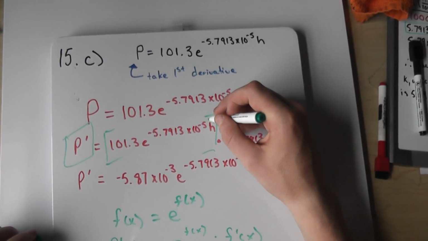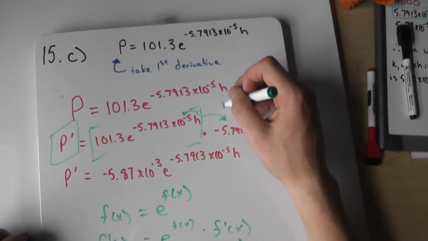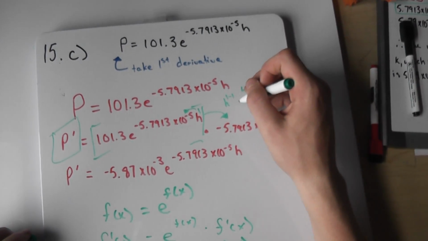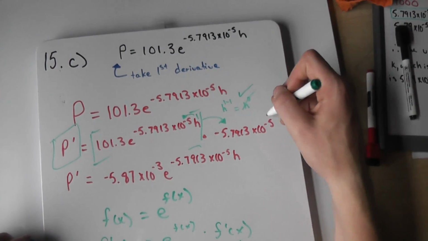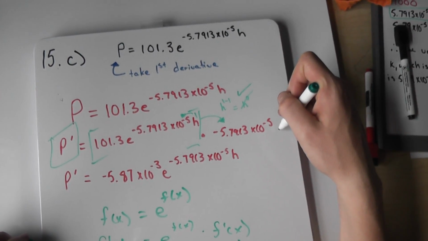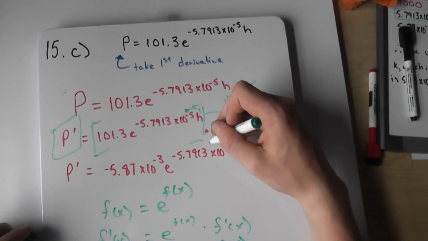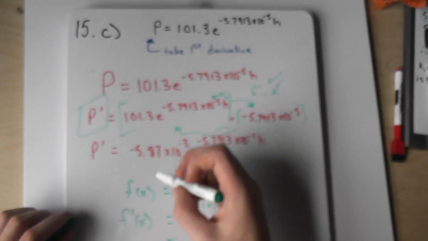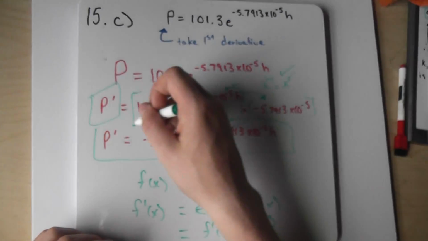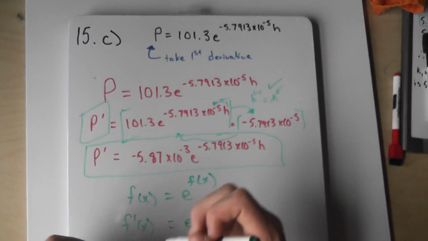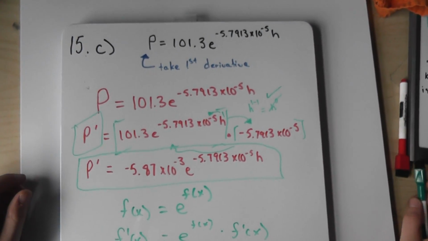So we multiply this by 1, and then 1 minus 1 equals 0. h to the 0, so this disappears, and that's all we have as our derivative. We then bring it up to the front, and we get this answer. This is our derivative of the barometric pressure formula.